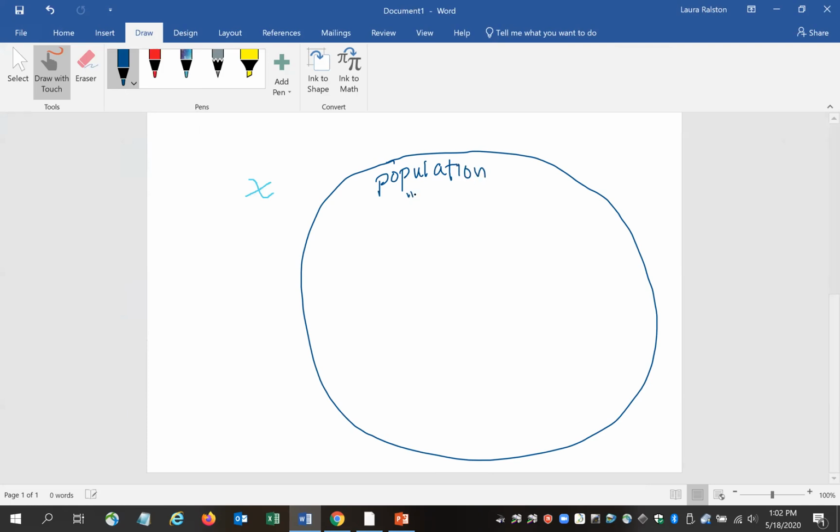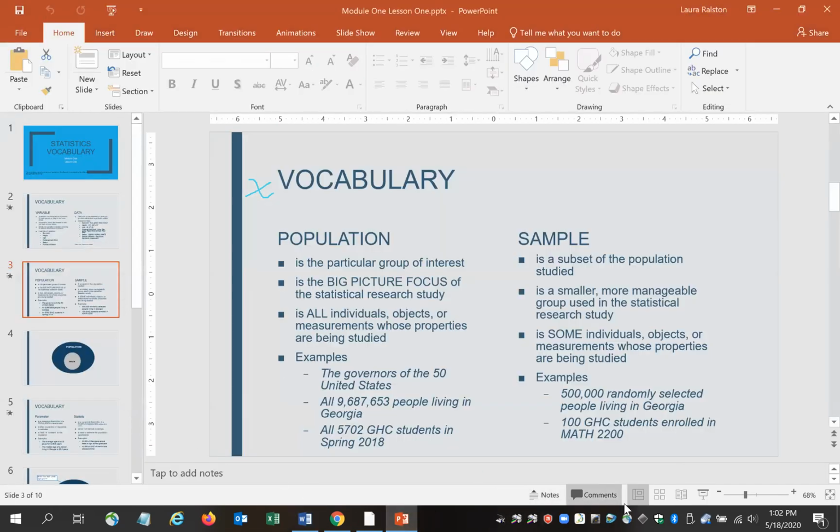And again, it typically involves the description for all. And it may not be explicitly stated with the word all. So for example, if we go back to the PowerPoint, but again, think about the population. It's your big group.